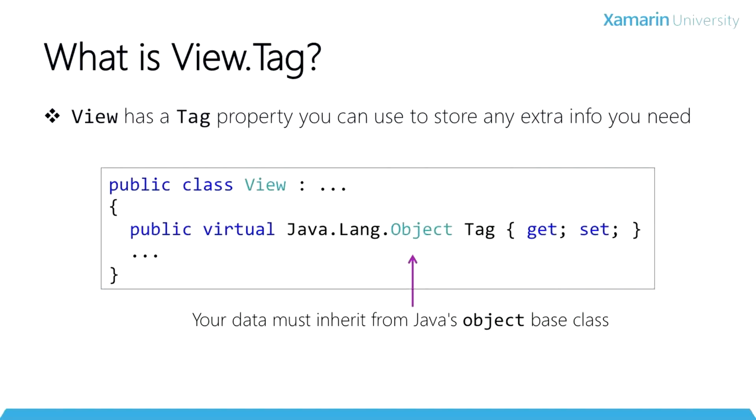This is a property that we can use to store additional information we need. And we're going to use it to effectively store the references to the views we want to reuse. Because it's a java.lang.object, we can pretty much store whatever we want in here. And the tag property is defined pretty far up the inheritance hierarchy, right up in the view class. So it's available on most UI types, including any layouts that we inflate for the list view rows.